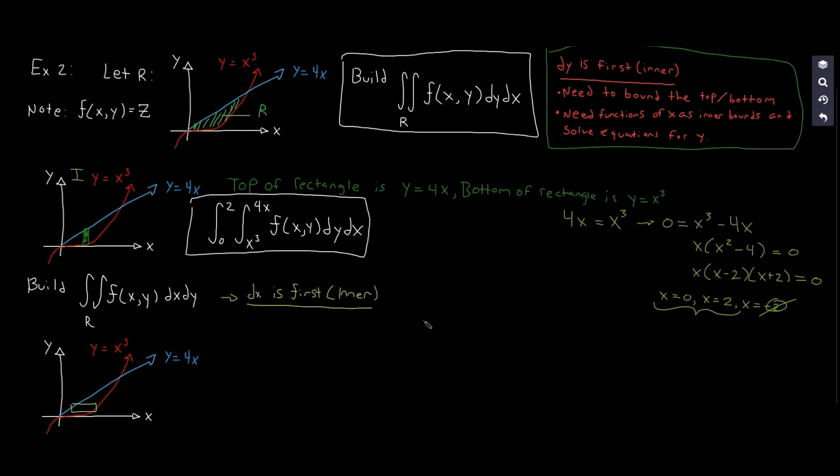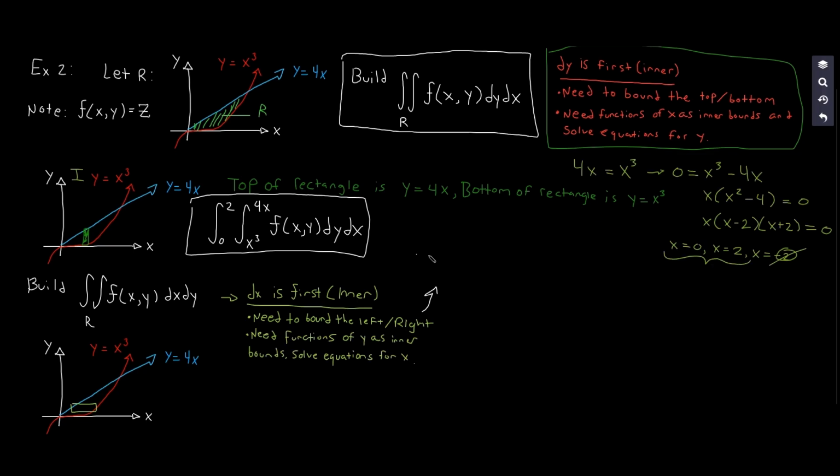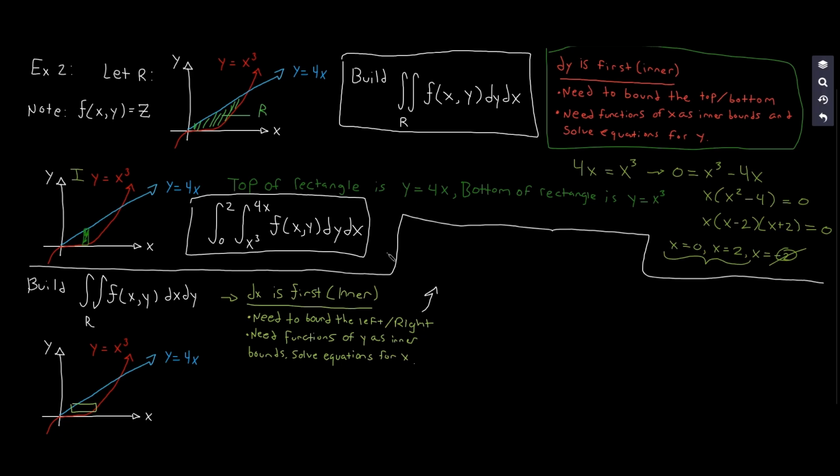So since that's the case, we need to bound the left and the right. And we also need functions of y as inner bounds, so we can solve the equation for x. I'm going to utilize the space up here. So let's look at the left bound. I'll draw a border, I really want to do this all on one page.